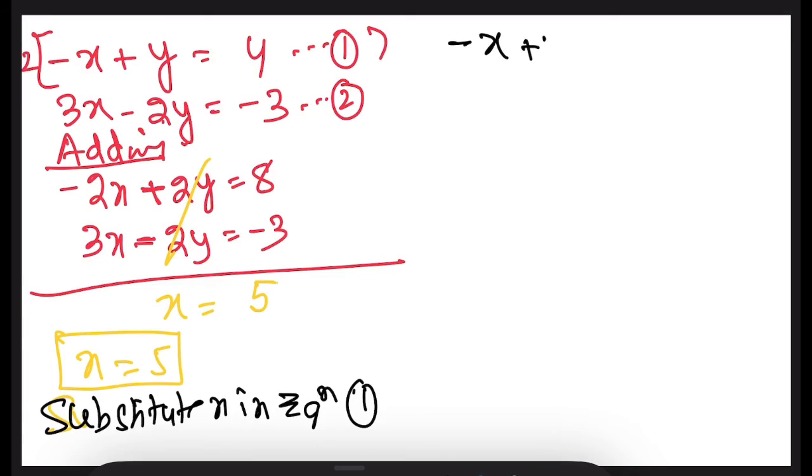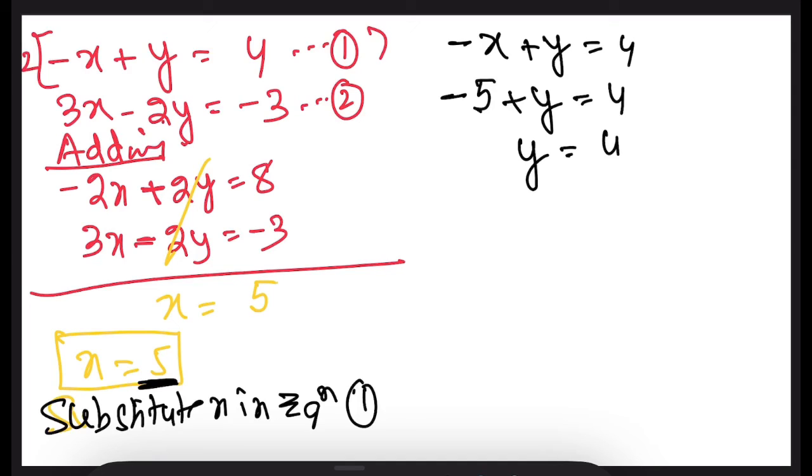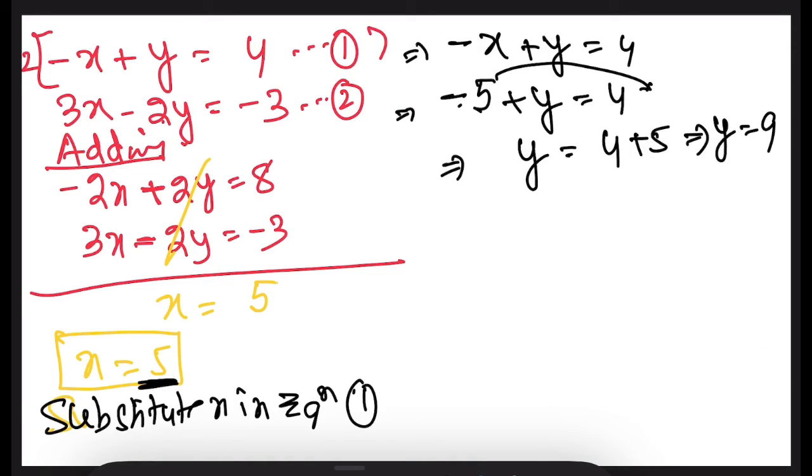Minus x plus y equals 4. What is the x value? The x value is 5. So you will replace here: minus 5 plus y equals 4. This 5 will come this side, minus 5 will become plus 5, y equals 9. The x value has come, the y value is 9.